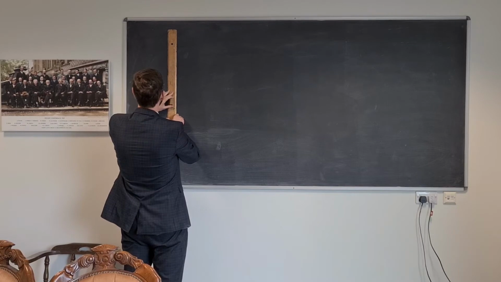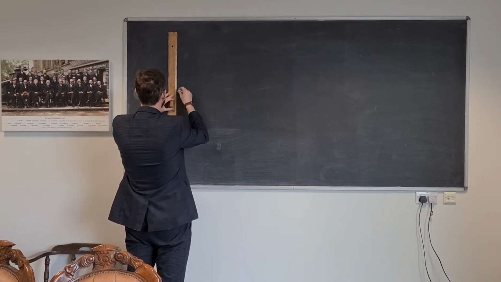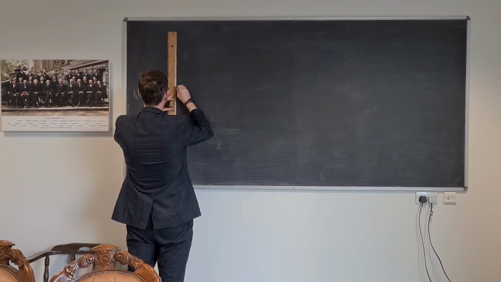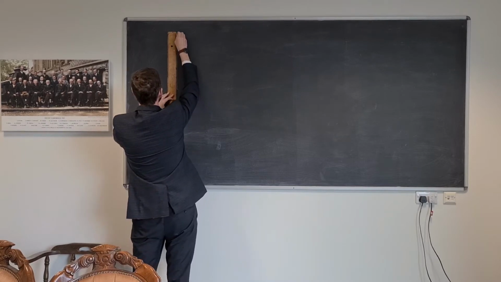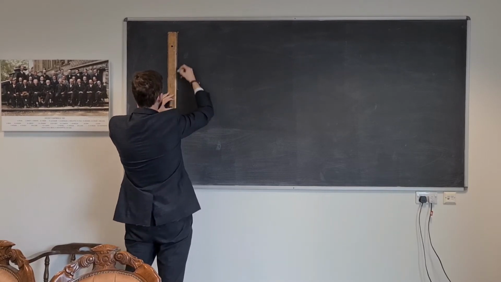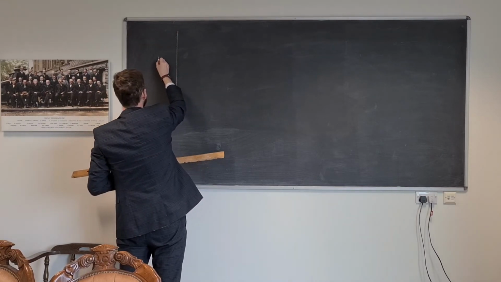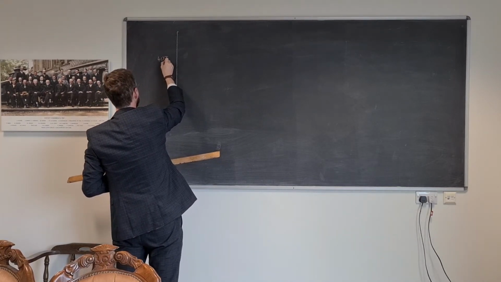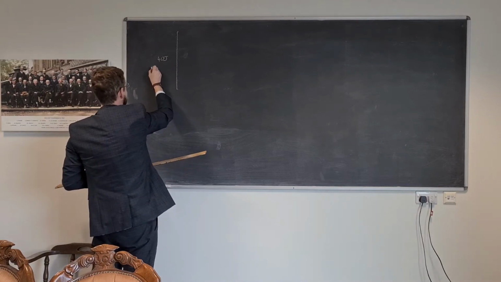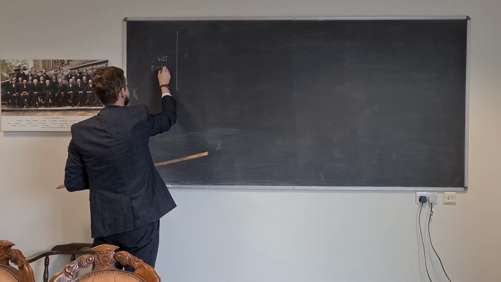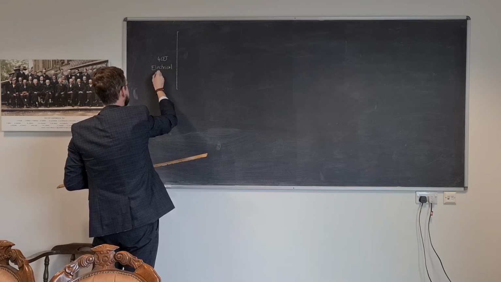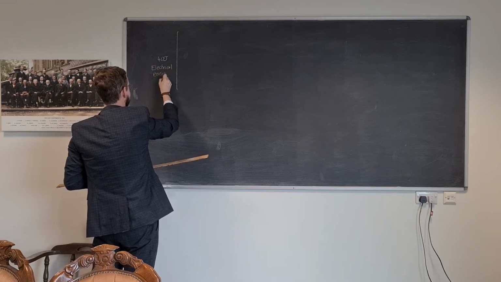Now I know that 40 joules of energy was going in the form of electrical energy every single second. So I've measured here 40 centimetres, because this is going to be 40 joules of electrical energy going in.